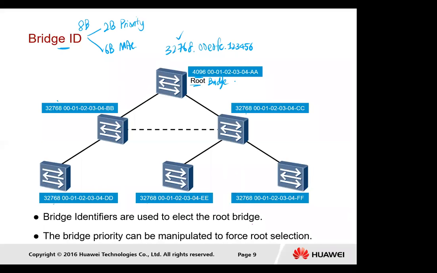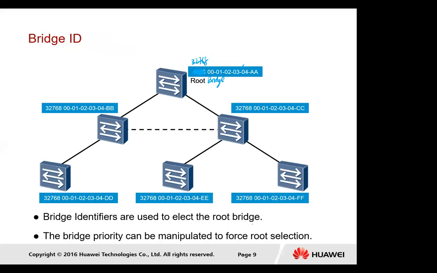This will become the root bridge. But what if, let's say right now, this is not 4096, this is 32768, the default? That's how I know who becomes the root bridge. Same thing, this switch becomes the root bridge as well when you compare based on the MAC address.